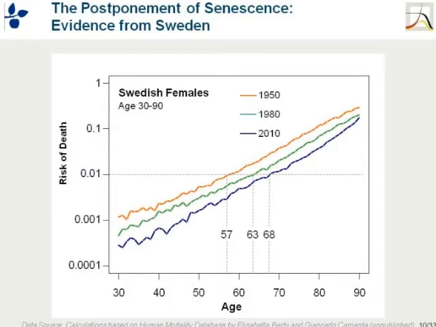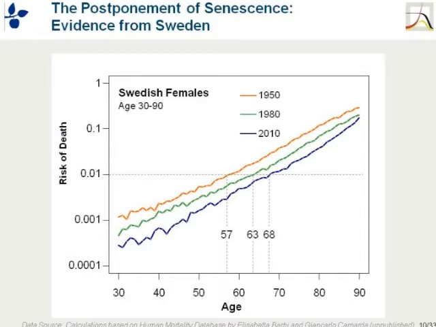In 1980, it was age 63, so a 6-year delay in the age when you become older. And in 2010, it's 68, a further 5-year delay. So altogether, an 11-year delay in the age at which you become an older person. And this is an 11-year delay in a 60-year period. So really quite a remarkable postponement of senescence.